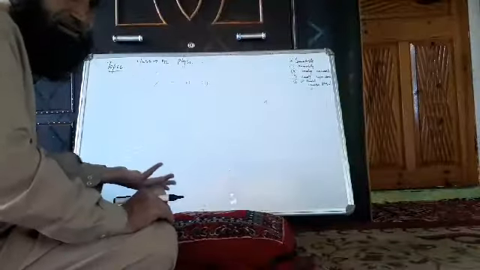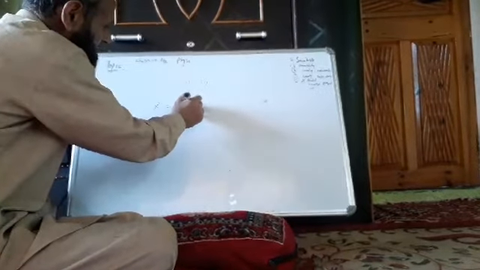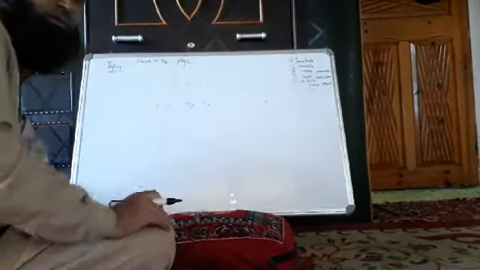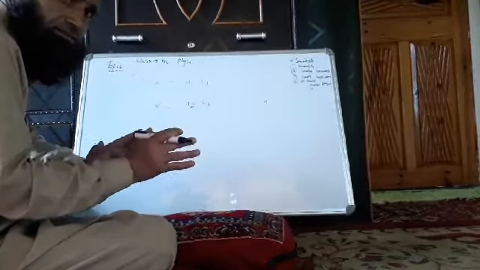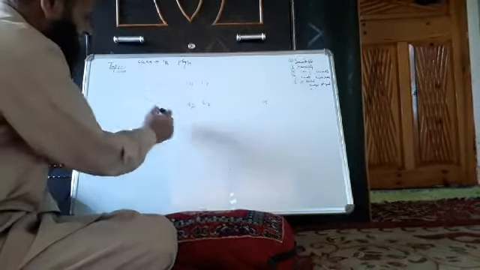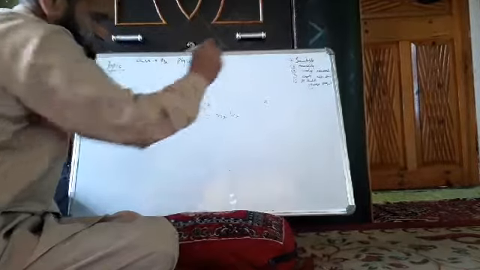In another system of units, for the same quantity x, we may represent it as n2 u2. Its magnitude does not change. So we can see x is equal to n1 u1 is equal to n2 u2.